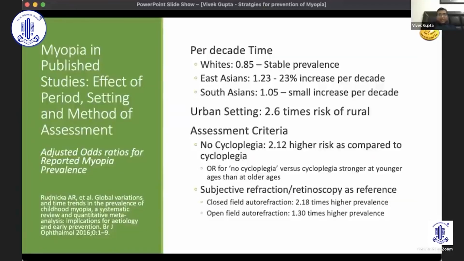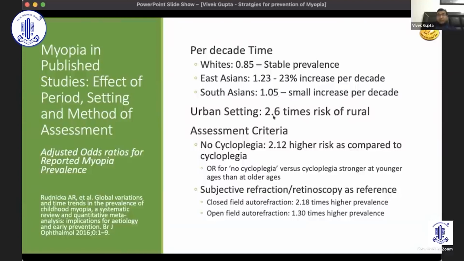Let's look at the global evidence in terms of other risk factors for myopia. Over a period of a decade, there has been a significant increase in East Asian populations. In South Asian populations, there is a small increase per decade.